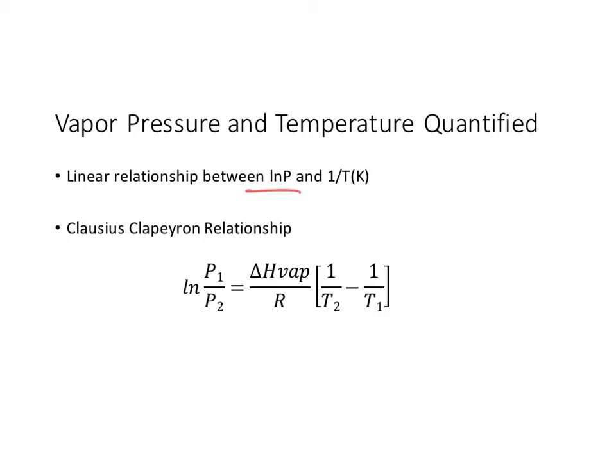If you change your y-axis to the natural log of the vapor pressure, and your x-axis to the reciprocal of temperature, of course in Kelvin, because we want to be on the absolute scale so we don't introduce any negative values, you will then get a linear relationship between pressure and temperature. And because of the way the axes are set up here, we're going to get some nice linear lines.